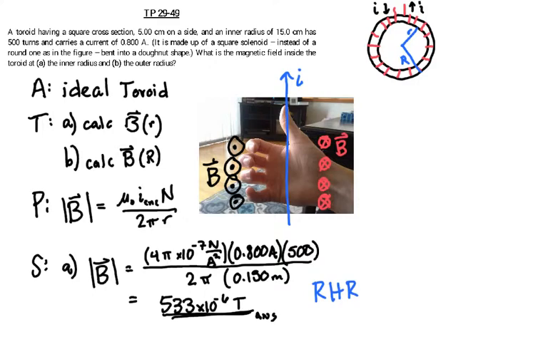And so we end up getting, let's see if I can change my color here to something different. The magnetic field inside the toroid is traveling in a clockwise direction. Okay? So we applied our right-hand rule to give us the direction of the magnetic field.